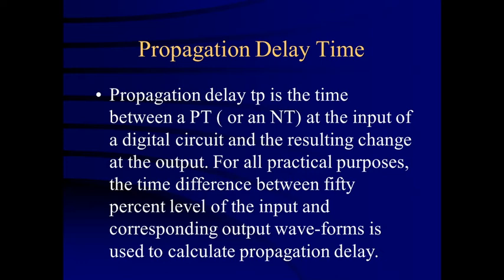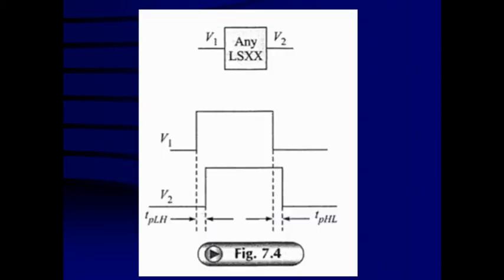The amount of time it takes for the output to change from low to high or high to low is called the propagation delay time. For all practical purposes, the time difference between the 50% levels of the input and corresponding output waveforms is used to calculate the propagation delay time.